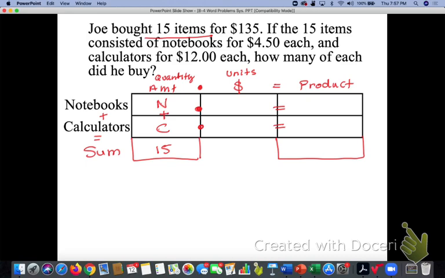Now the cost per notebook, our unit price, okay, per notebook is $4.50. And the cost per calculator is 12. So we multiply across. Remember, we always write our coefficient, the number first. We're adding going up and down.